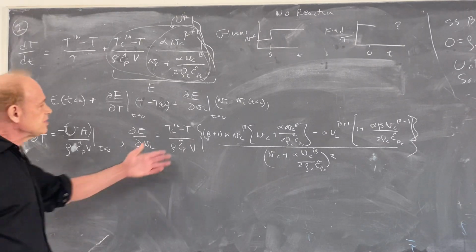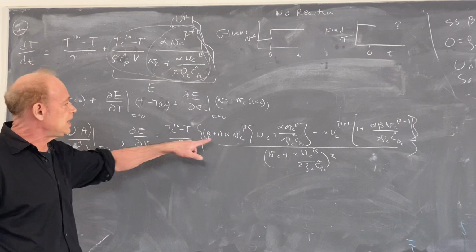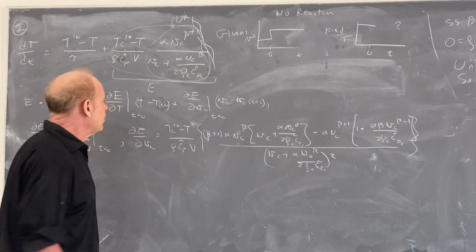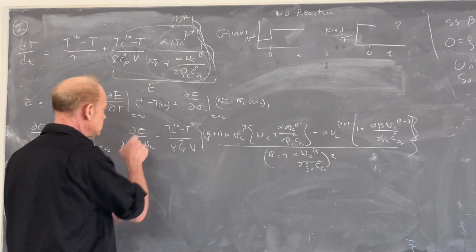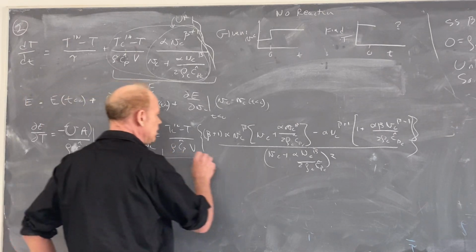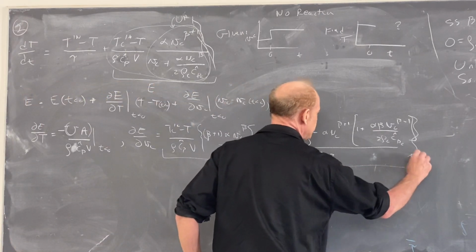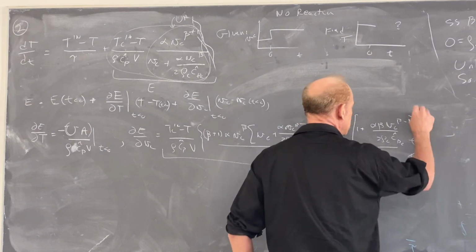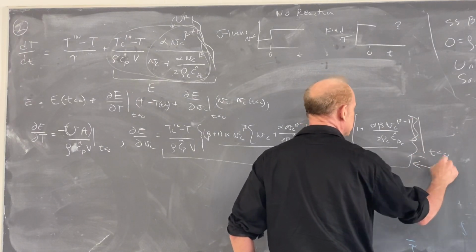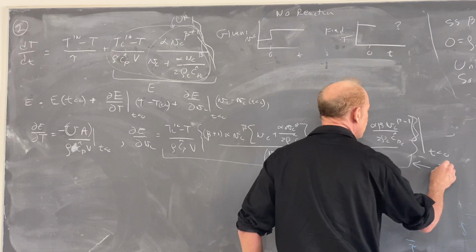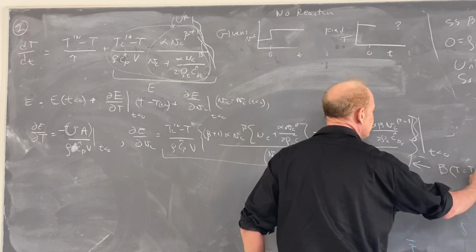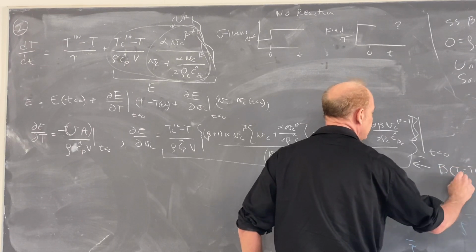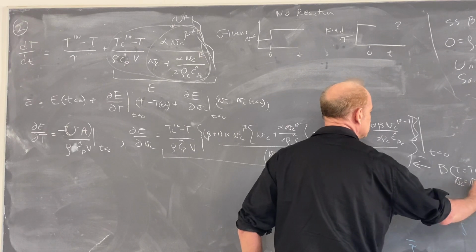But everything in here, notice you have the variables T and Vc. So I'm going to call this thing B. Let's call this B, and I'm going to evaluate it for t less than 0. So this is B for T equal to T for t less than 0, and Vc is Vc for t less than 0.